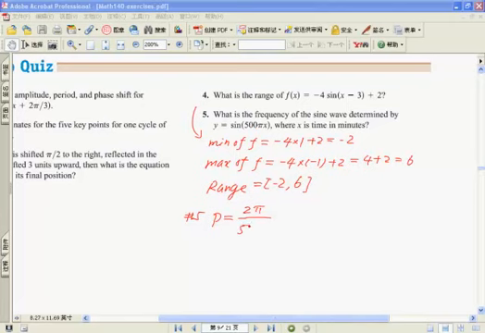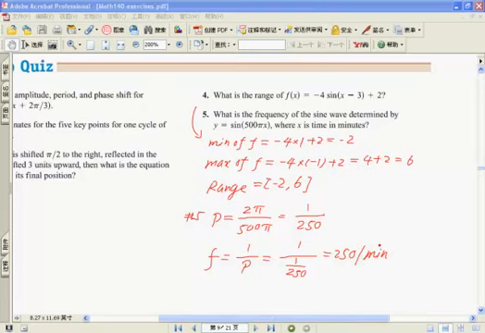So there is 500 pi, and then you get 1 over 250. Then the frequency f is the reciprocal of p, so this is equal to 250.